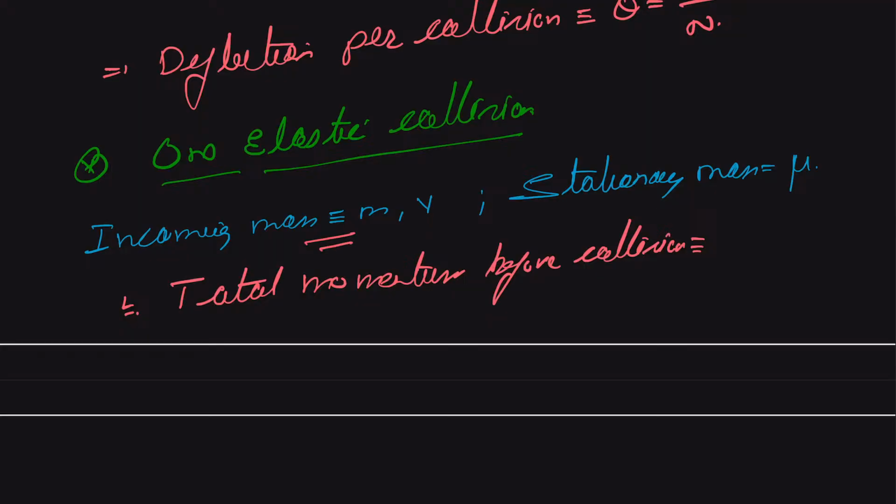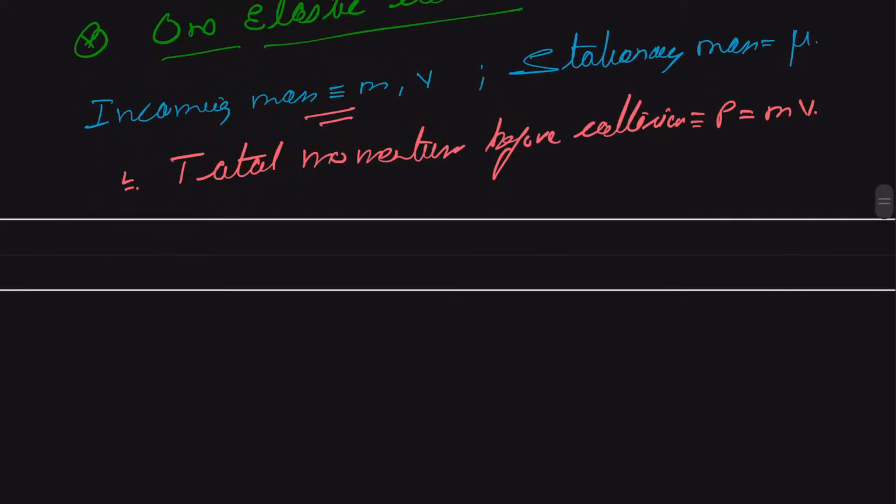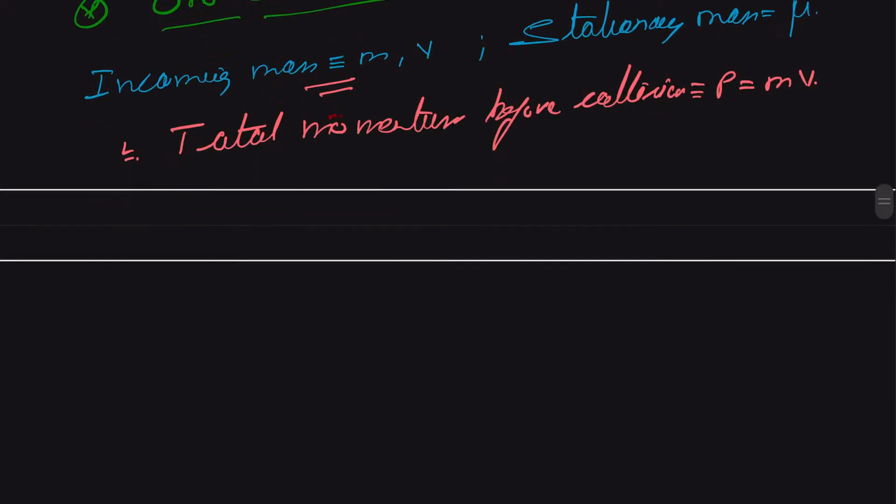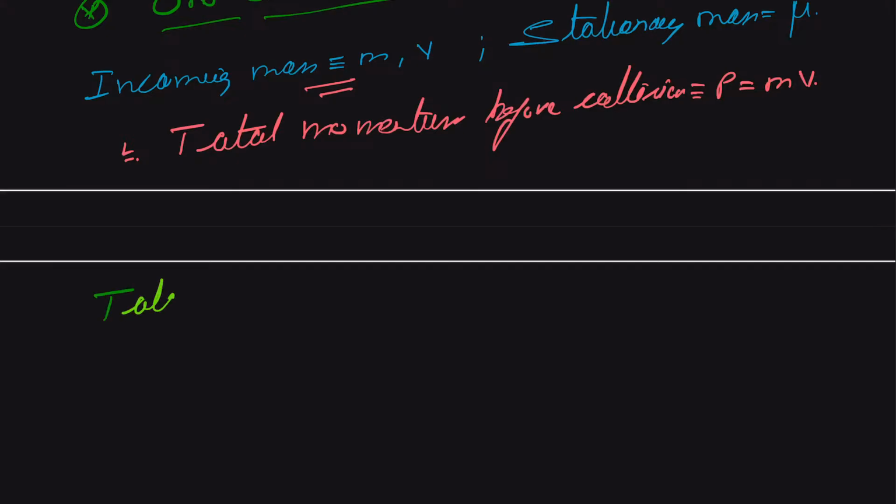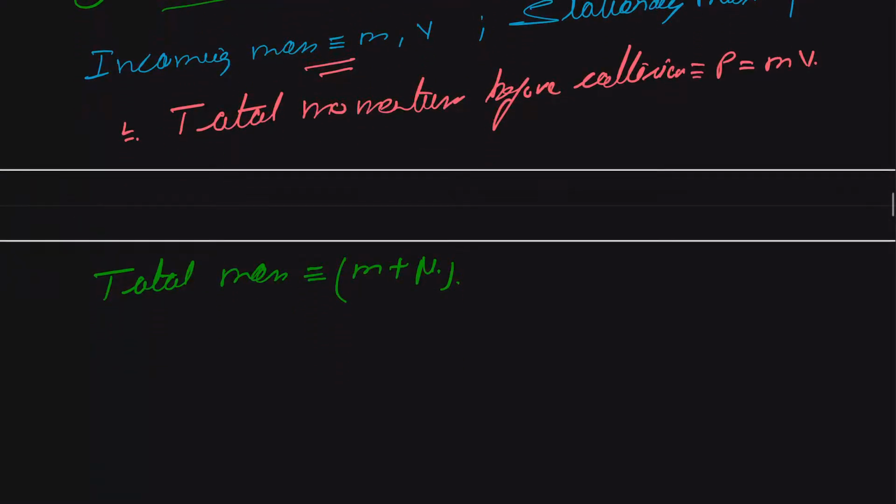So that will be equal to P, and that is equal to m times v. And the total mass of the system, so we can say that our total mass is equal to m plus mu. That is the mass of our one elastic collision. So total mass is equal to m plus mu.